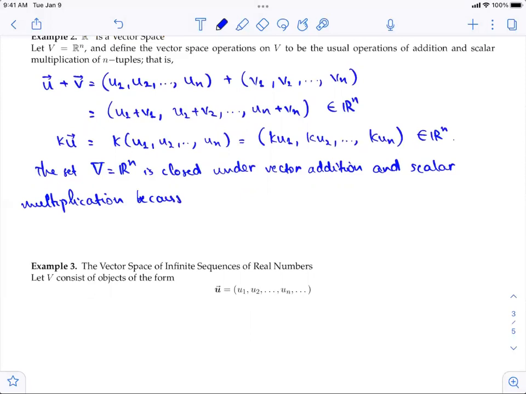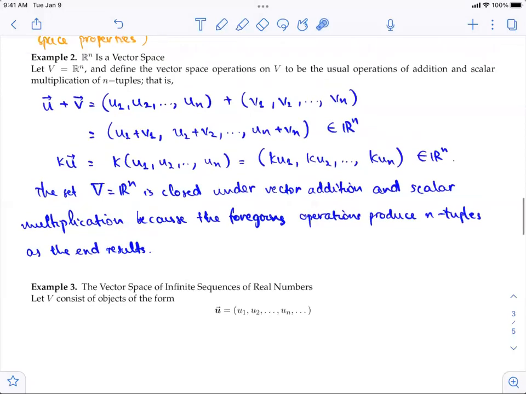Because the foregoing operations produce n-tuples as the end results.